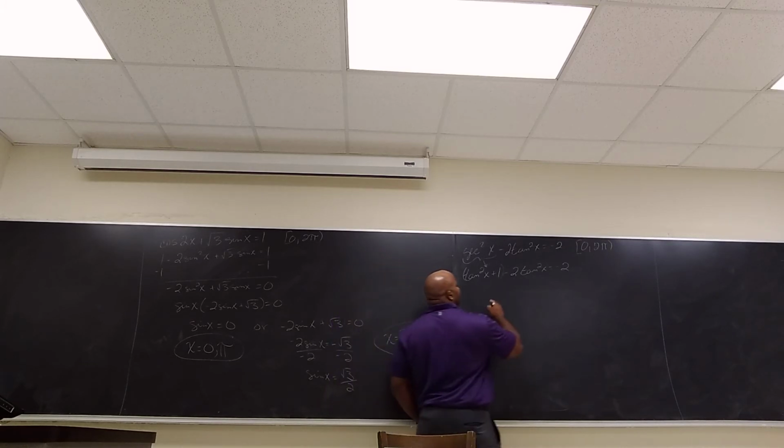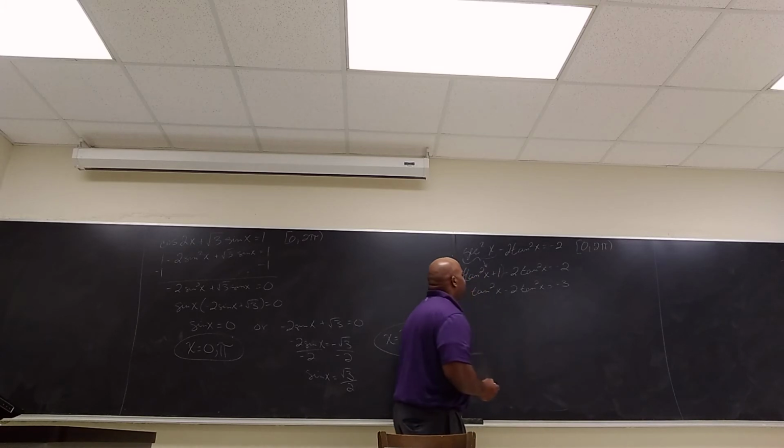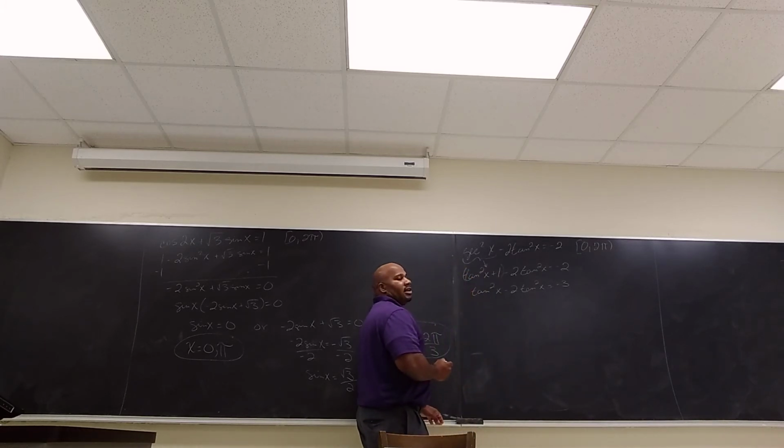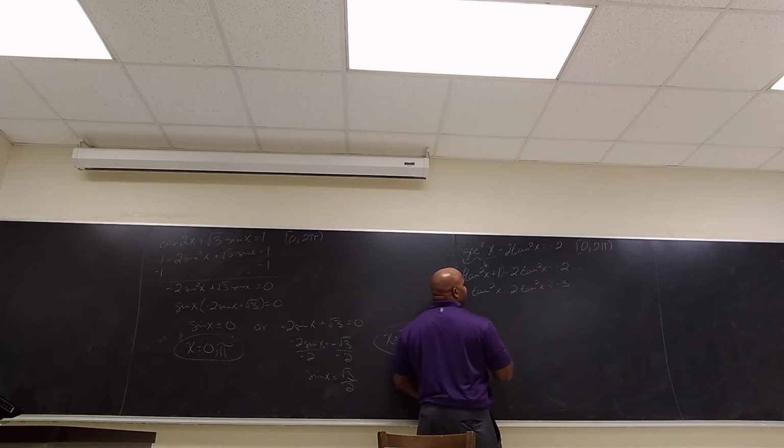Now I can combine, well, I can subtract 1 from both sides. So I'm going to have tan squared x minus 2 tan squared x equals negative 3. And then I can factor out a tan x. Actually, I can factor out a tan squared x.